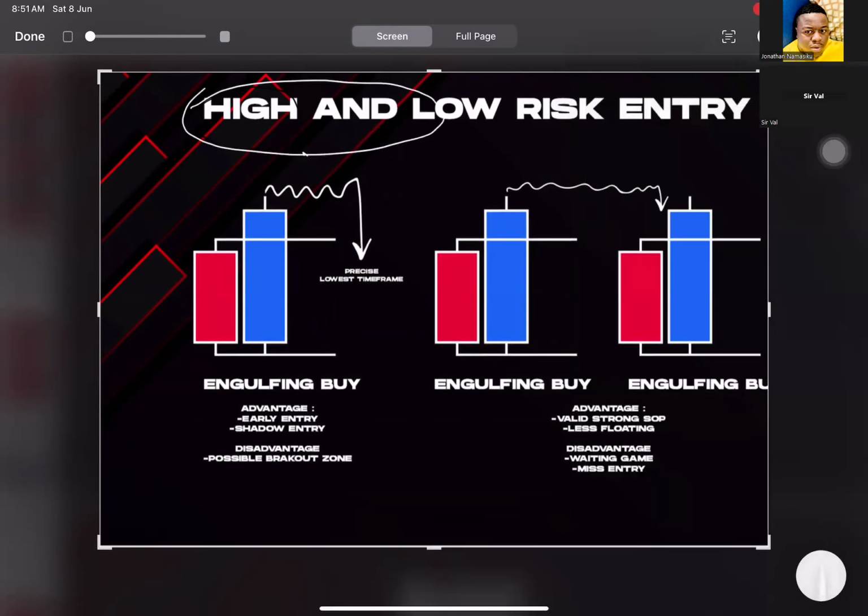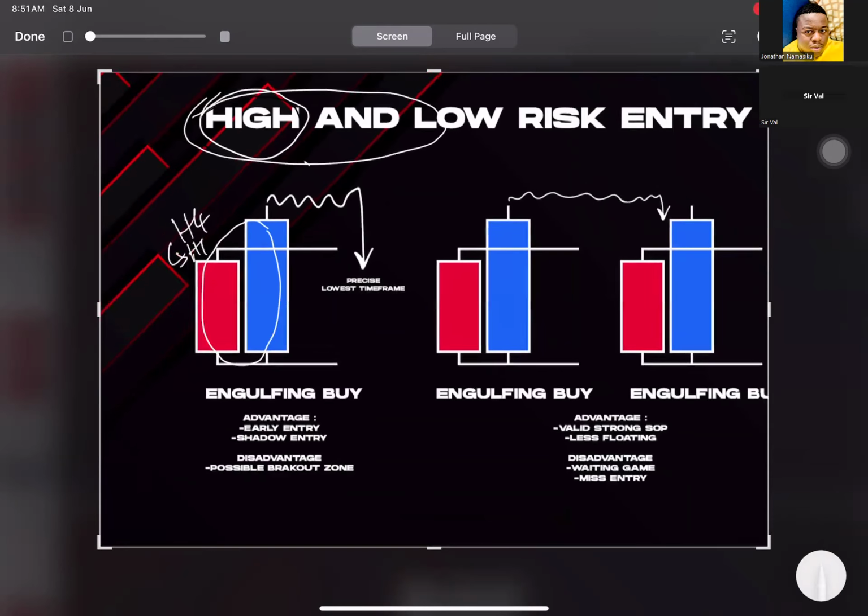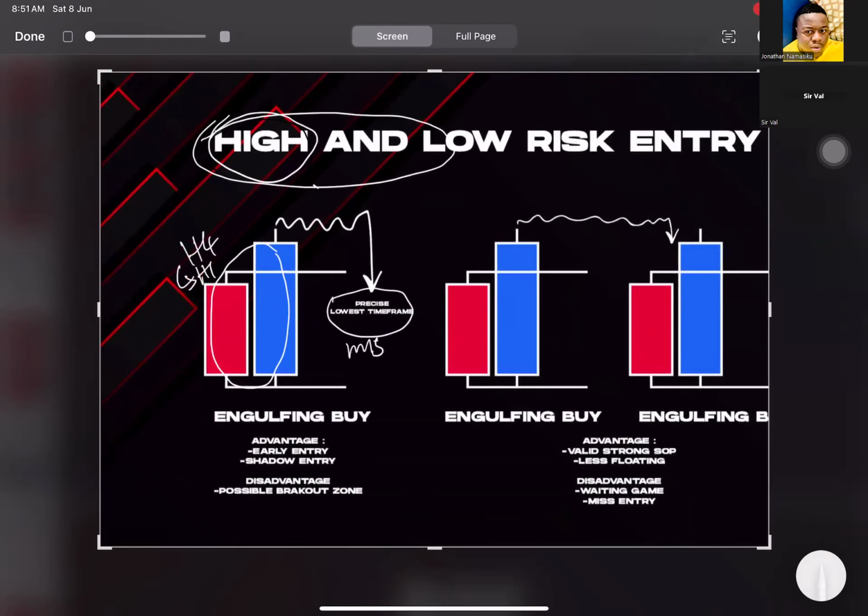For high risk, here for example we have H4 and H1, right? We need to use H4, precise to H1. This zone, for example, has been precise from H4 to H1. Then precise on a lower time frame, here we have an M15.